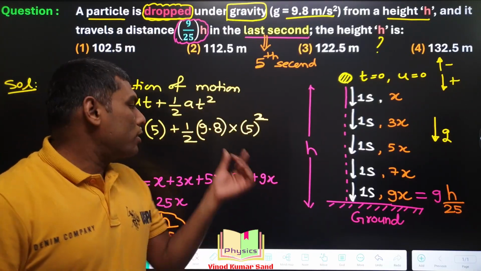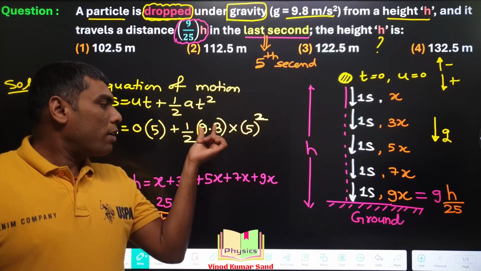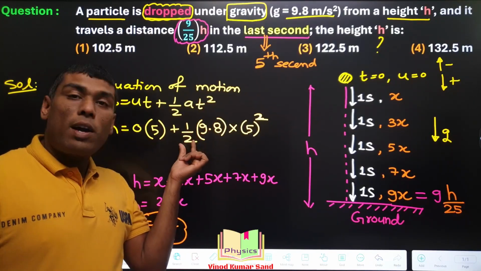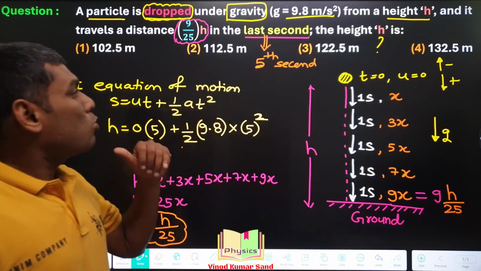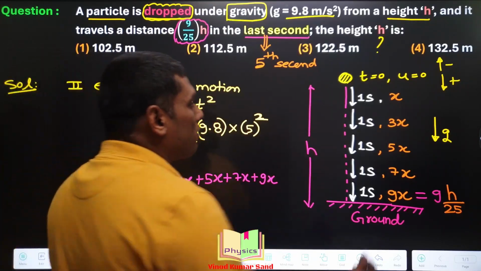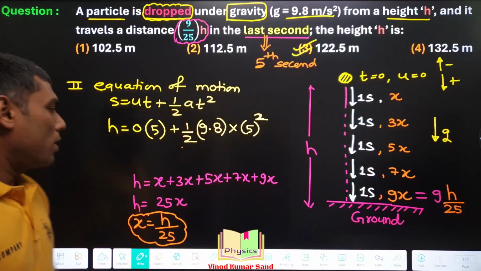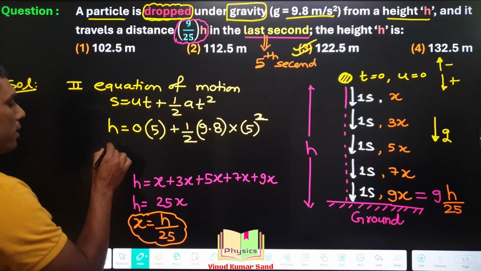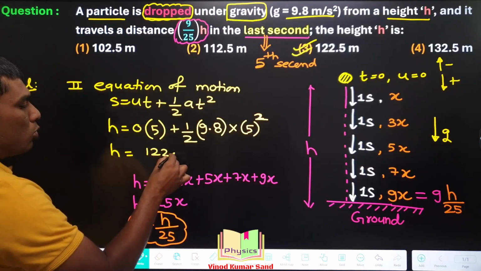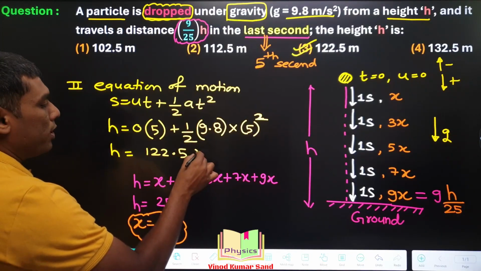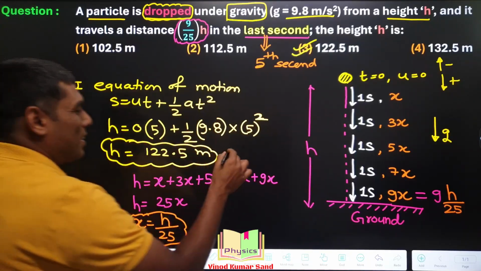For faster calculation you assume this to be 10. 5 square means 25 into 10, 250. 250 divided by 2 means 125. So the answer should be below 125. Slightly less than 125 means this should be the answer. I hope you get it. On doing the mathematical calculation, h will come out to be 122.5 meter. That is the answer.